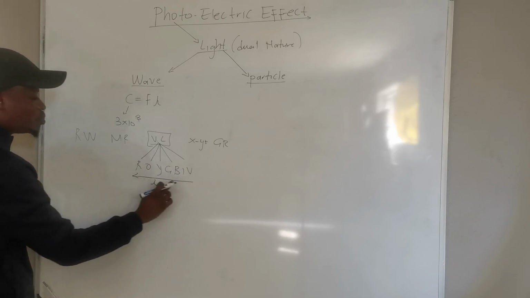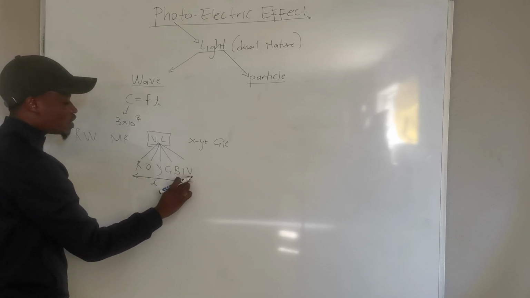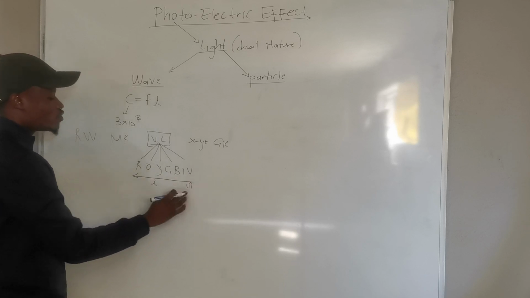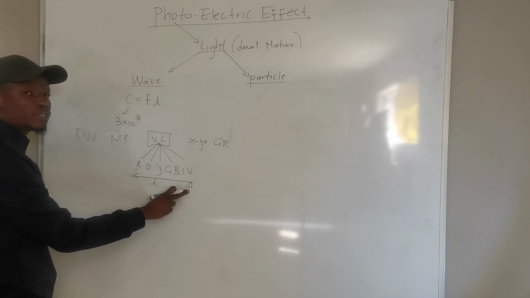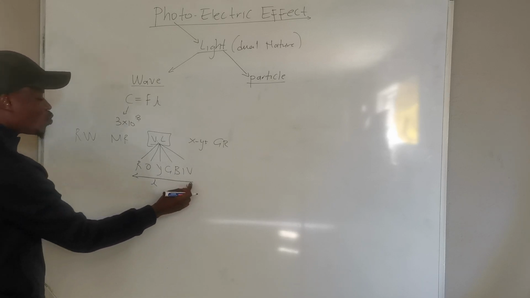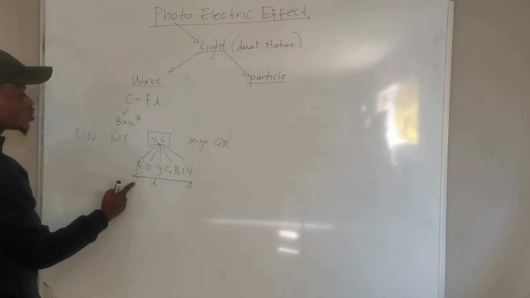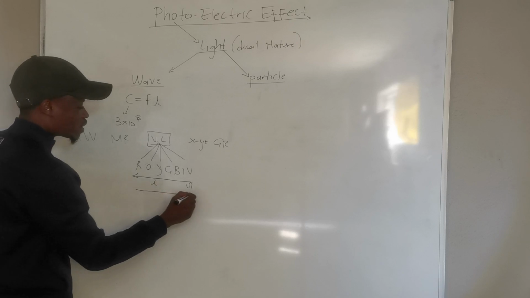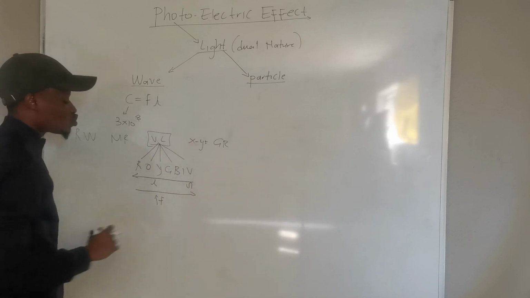The waves on this side have the smallest wavelength, very, very small. The wavelength increases as I go towards the right, and the frequency increases as I move along to the right.